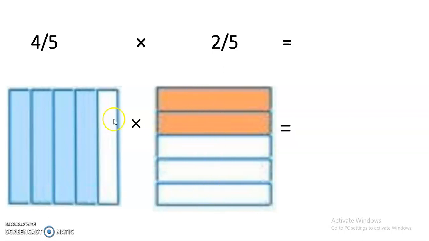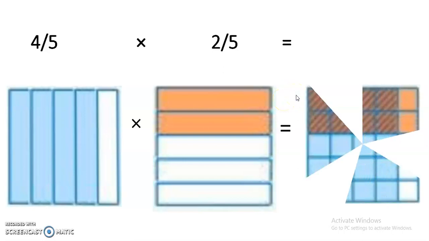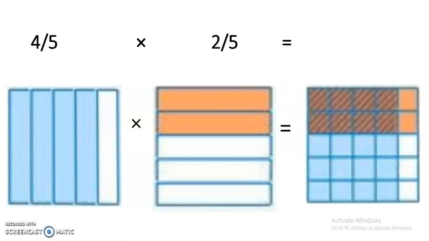You can see the difference. This is shown vertically. This is shown horizontally. This will help us to get our answer. Because when we coincide both these fractions together, both these units together, what do I get? When both these units coincide with each other, we see the number of parts which are formed.